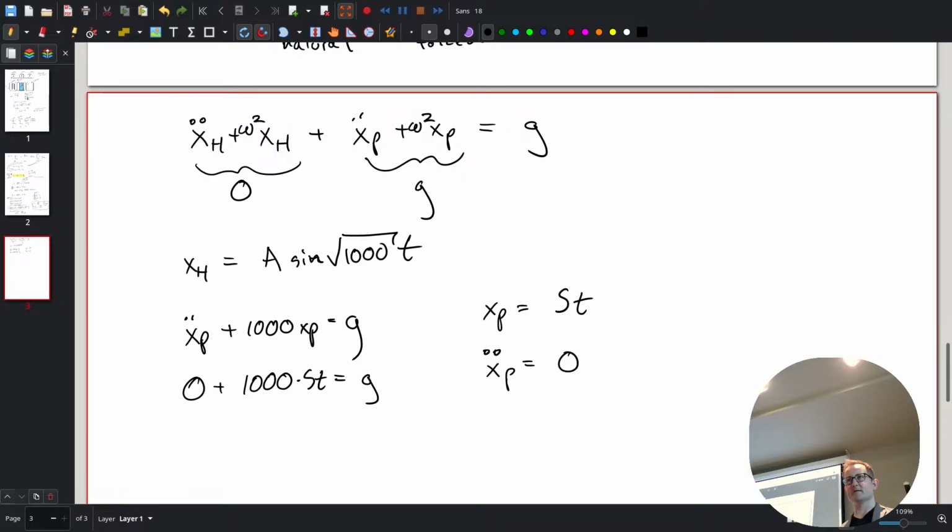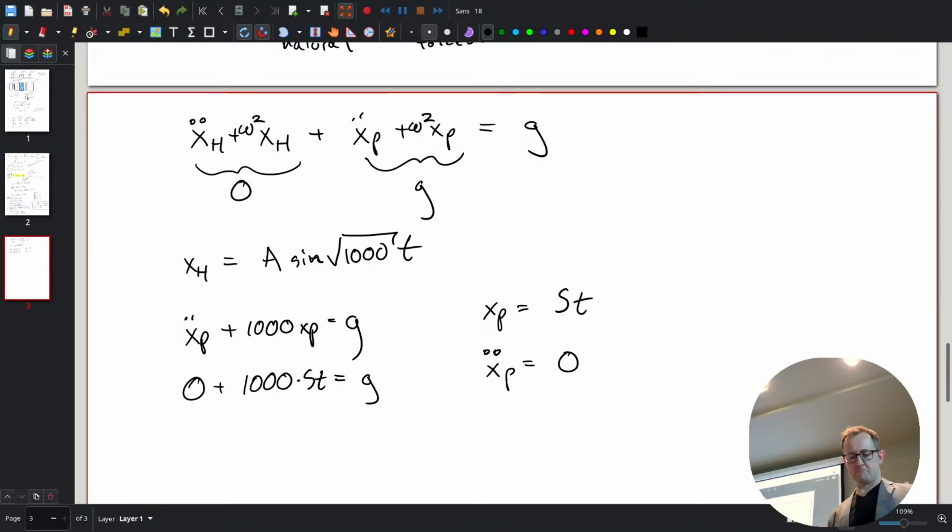Why do I say it doesn't work? We're trying to figure out if this is true for any value of time. Because remember, our equation of motion is true for all points in time. So if I'm saying s times t equals g, that might be true for one point in time.